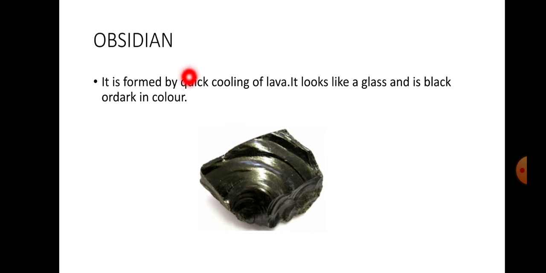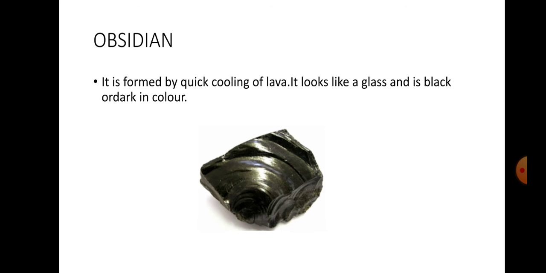Due to its sharp edges and shining property, it is used for cutting jewelry or making jewelry. So it looks like glass and is black or dark black in color.